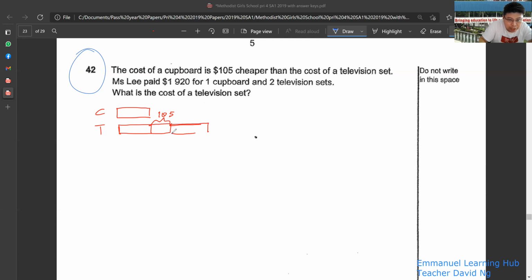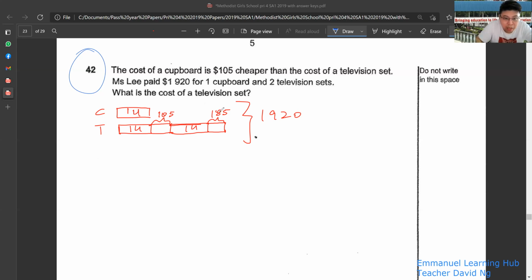So 2 television sets. You understand why I draw another 2 television sets? So cupboard, let's call it one unit. Altogether, this is 1,920.